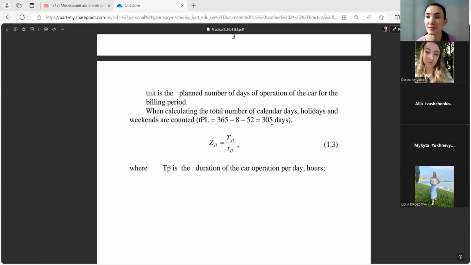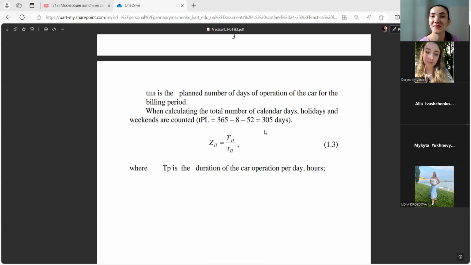Duration of the car operation, yes, our value we divide by 305 days. Right? Yes. No, 35 days. Excuse me, you are not right. No, okay.